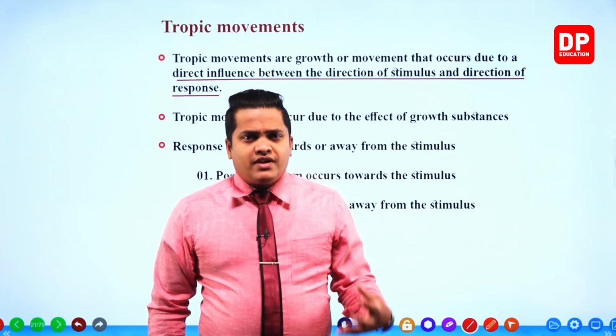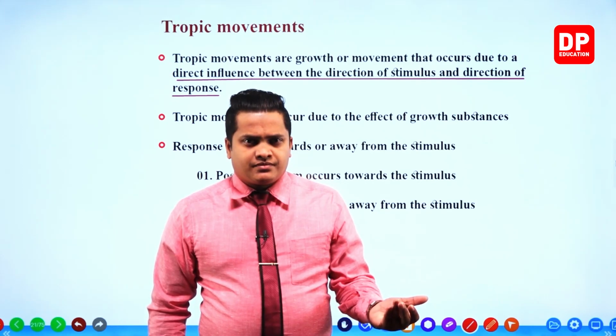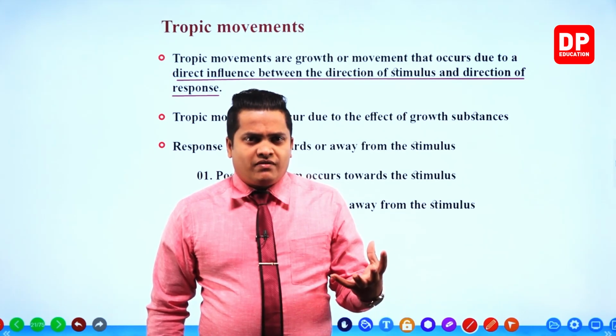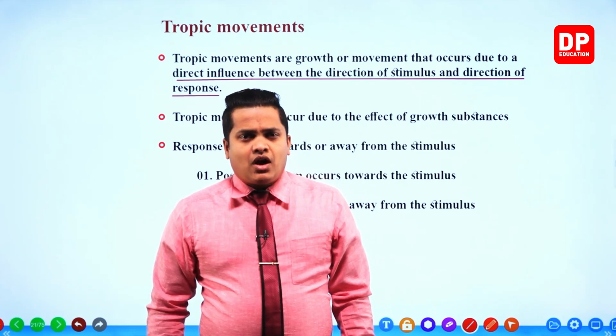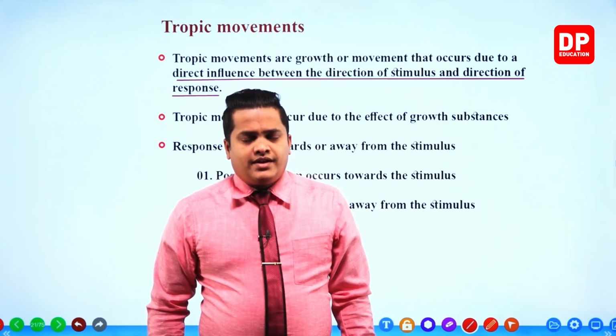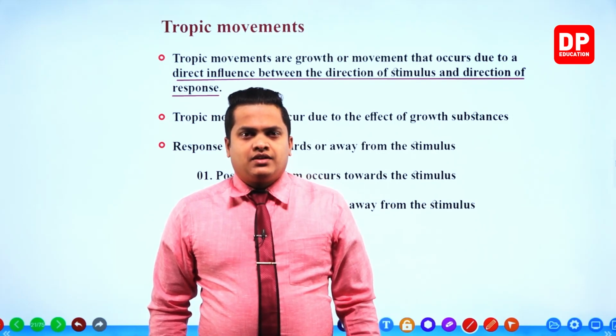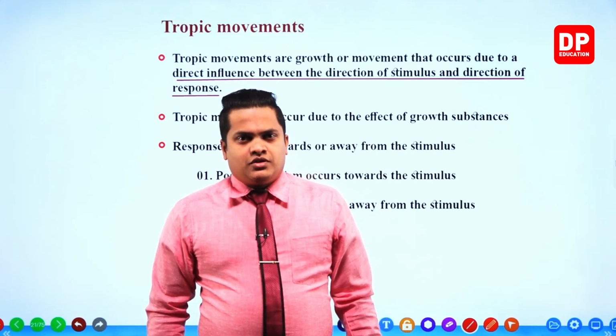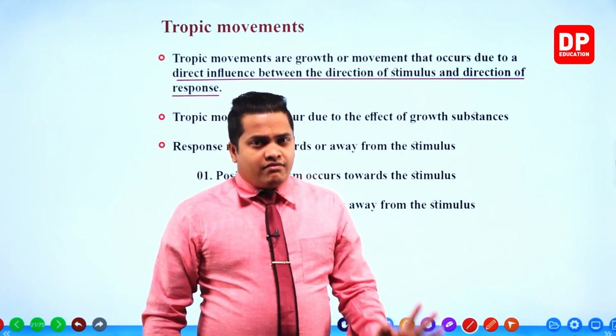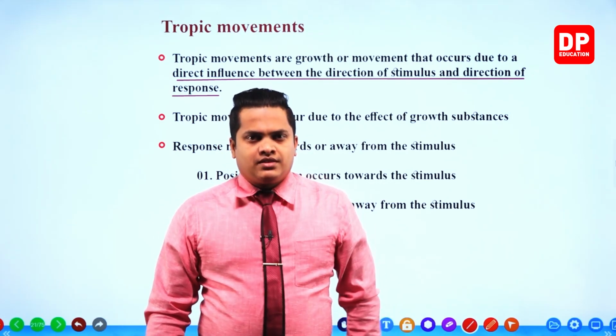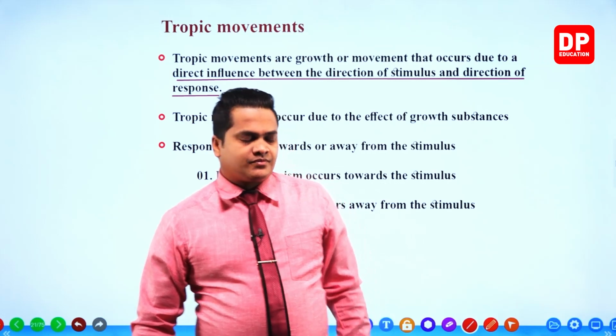Growing of roots away from the light, or else growing of the apex away from the ground, that is also a trophic movement. So these movements can be away from or towards the stimulus.